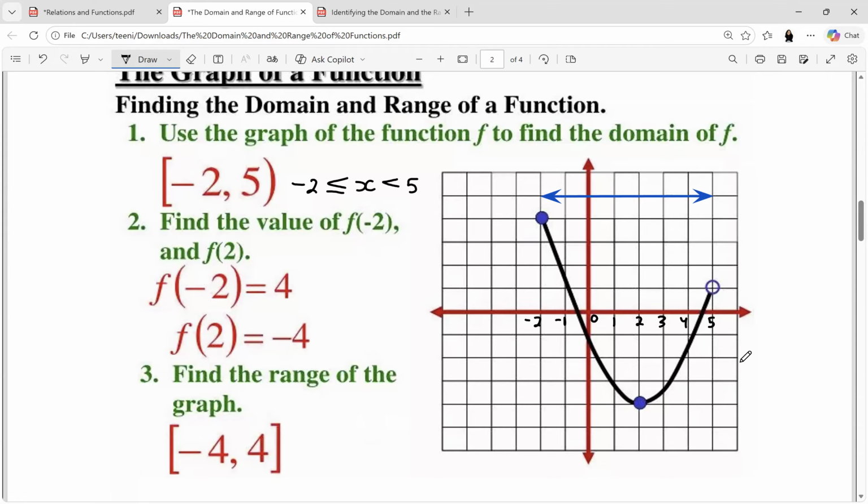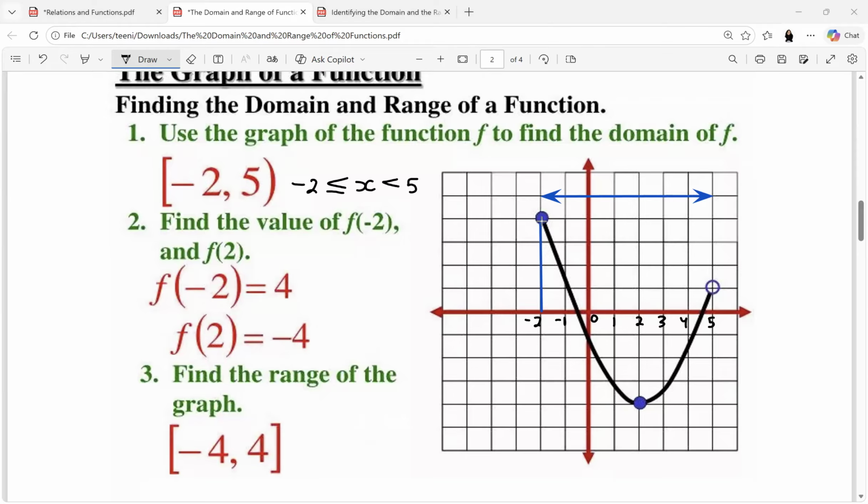And then to find the value of f of -2 and f of 2, guys, f of -2 means what is the value of the function when x is equal to -2. So you go on your graph and you check to see where x is equal to -2. This is where x is equal to -2 here. And then you read the y value.